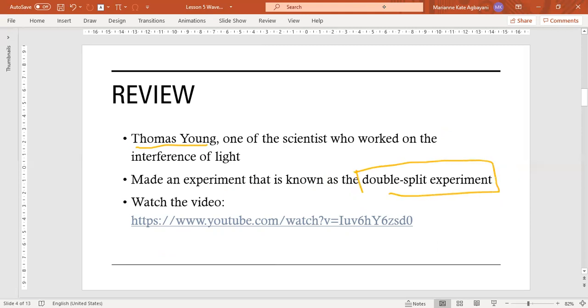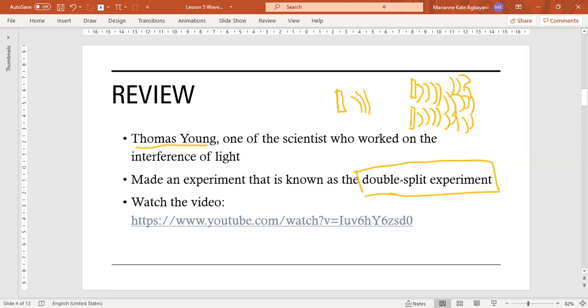In his experiment, he said that if light passes through one slit, it behaves as a wave. If there are two slits, or two paths for the light, each produces waves individually. The two waves interact with each other, producing another wave. So there is an interaction between waves.